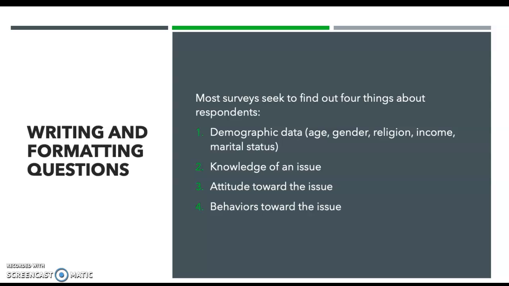So, for instance, if you design a survey about the habit of watching Netflix or other online streaming platforms that people are using in this stay-at-home order period, then you may want to know whether they are knowledgeable about these platforms, what their attitudes are toward that issue, and what their behavior is towards the issue.